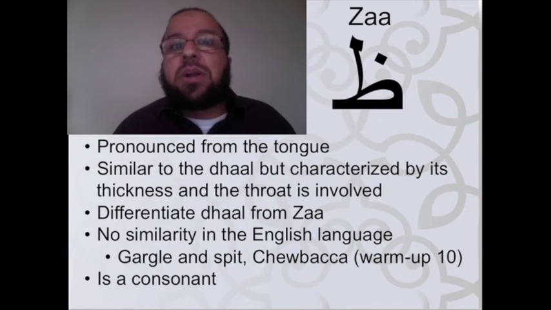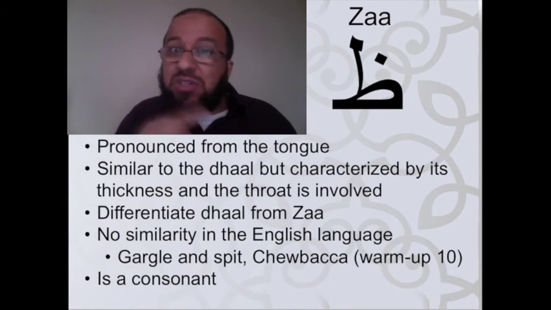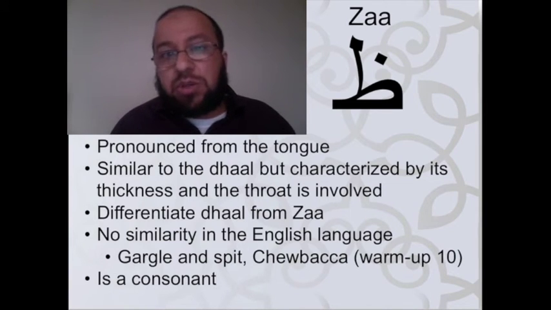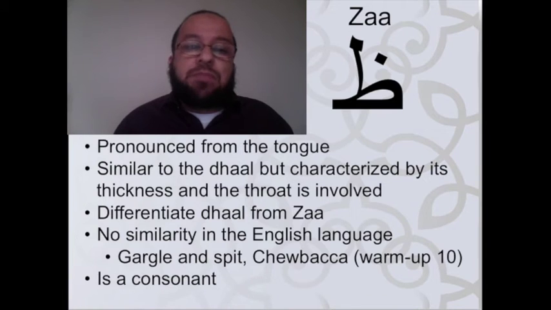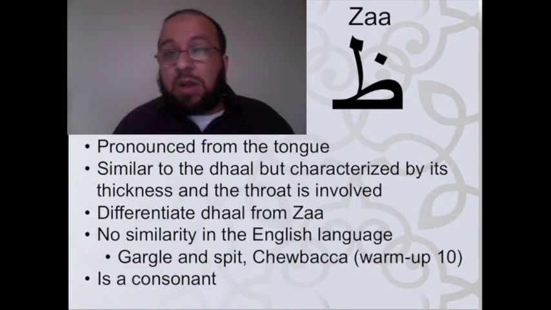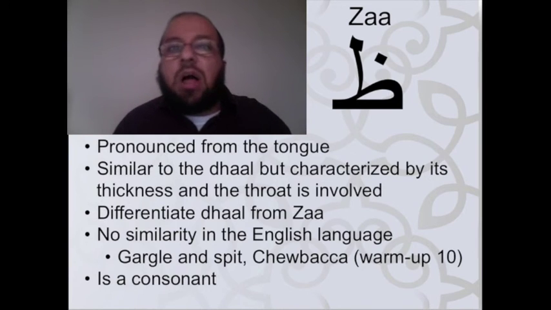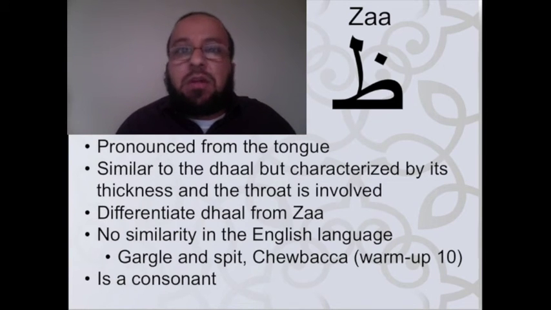And I hope you're starting to hear the differences between this and this. Why it's important to exercise your lips, exercise your throat again and again. And again, gargle and spit, the Chewbacca warm-up, is going to help you exercise that part of your throat. And the letter wa is a consonant.